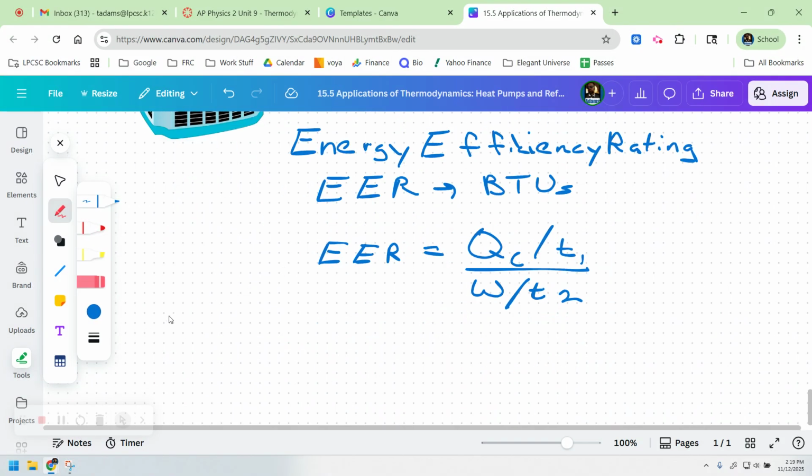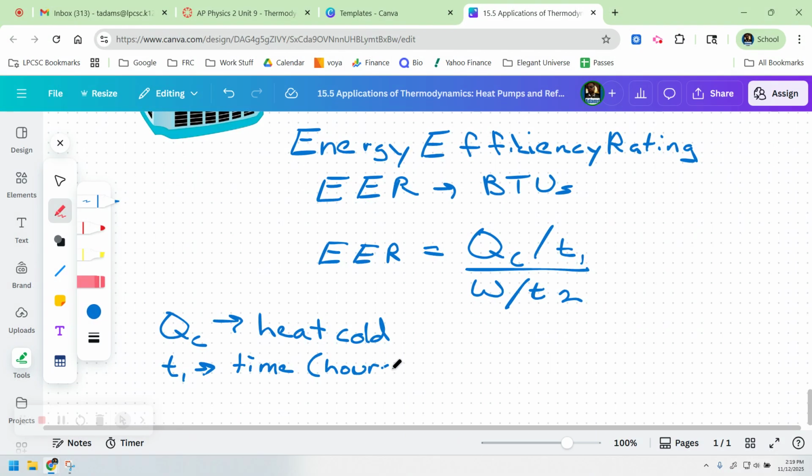So let's define these. QC, this is your heat transfer from the cold environment, lower temperature. T1 is just time. Now this is the wonky part. It has to be in hours.